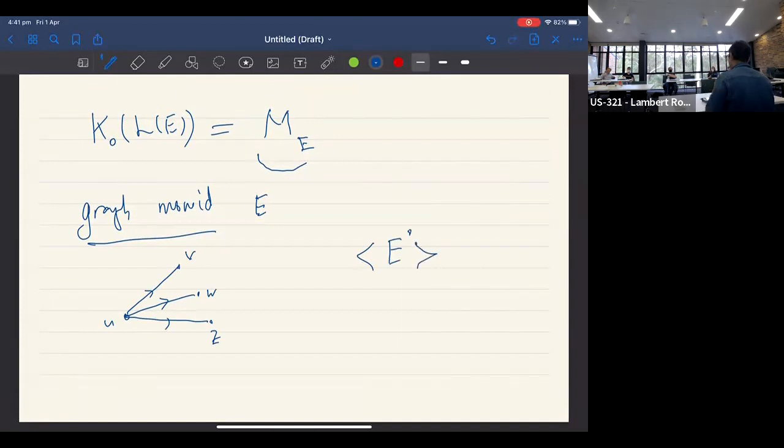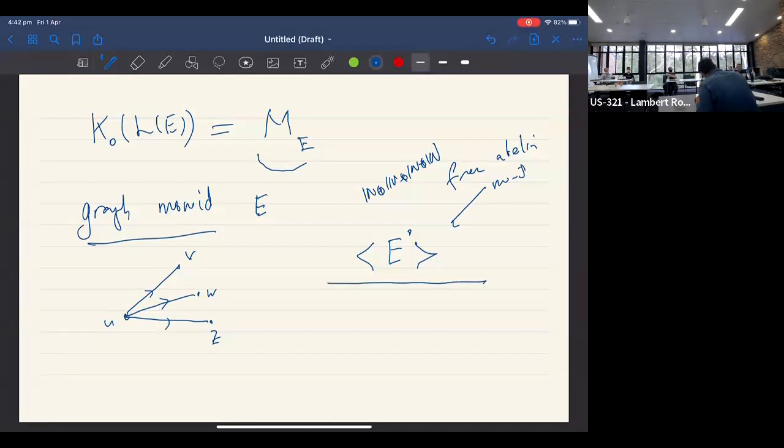There are 4 of them, so the free abelian monoid generated by the vertices is nothing but N, right? These are just the direct sum of 4 copies of the natural numbers. You just add them, that's right. But the relation that I put here is this one, that this u is the same as the sum of the adjacent vertices.